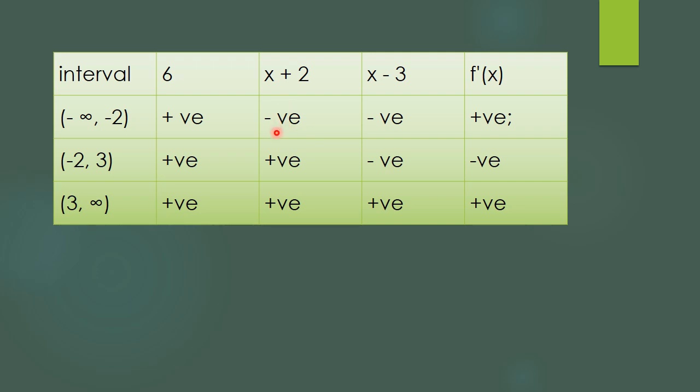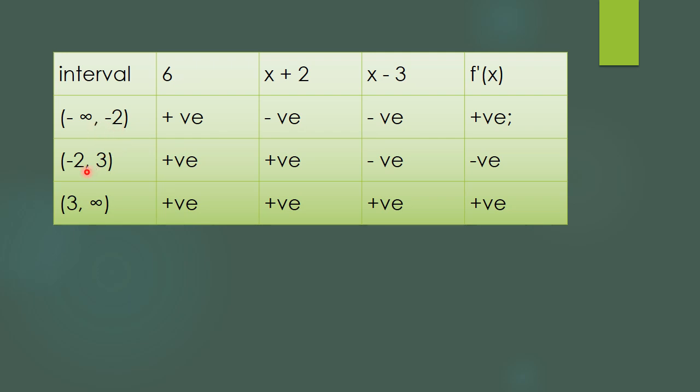We get a negative. When we replace −3 in x − 3, −3 − 3 is −6, which is negative. So 6 is positive, this is negative, this is negative, so the multiplication will be positive. It means the function is increasing in the interval −∞ to −2.